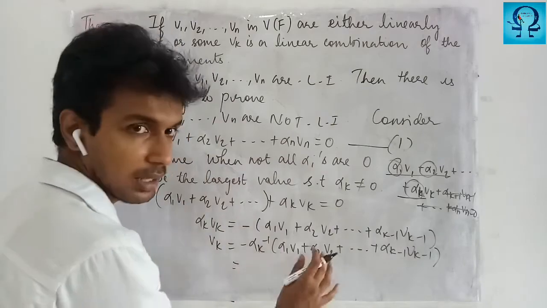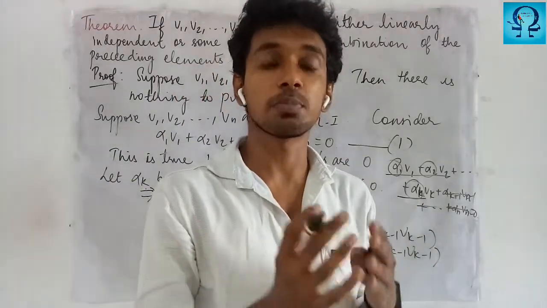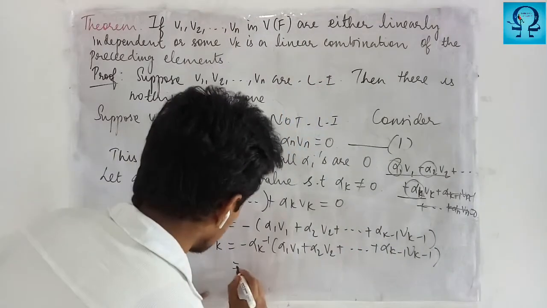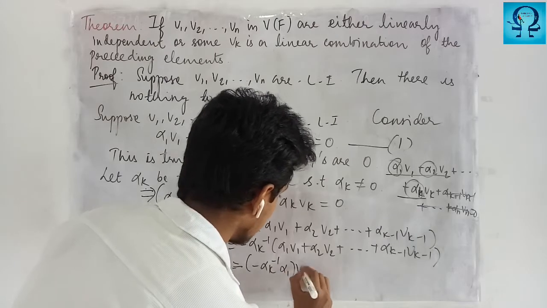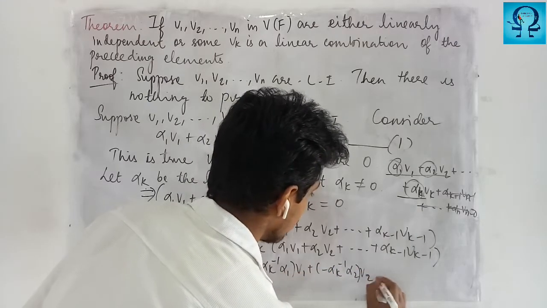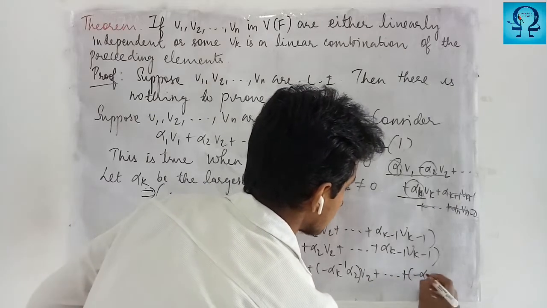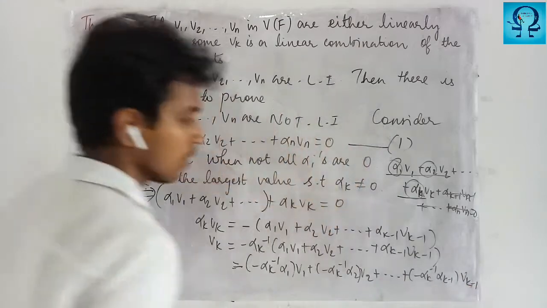Now I can multiply all those things inside using the distributivity of scalars that is present in vector spaces, right? So this is going to be minus alpha k inverse alpha 1 v1 plus minus alpha k inverse alpha 2 v2, going till minus alpha k inverse alpha k minus 1 vk minus 1.